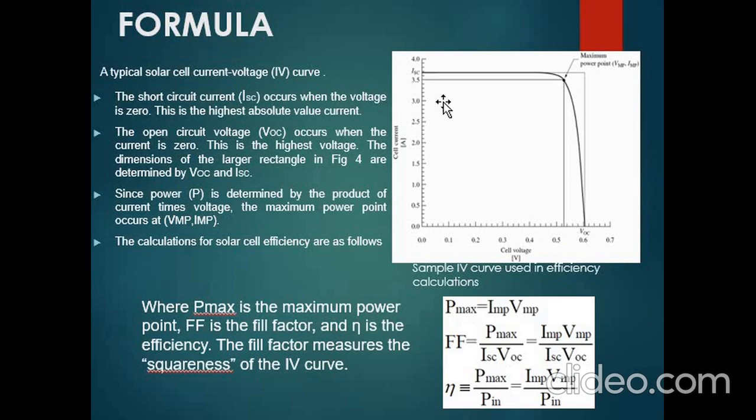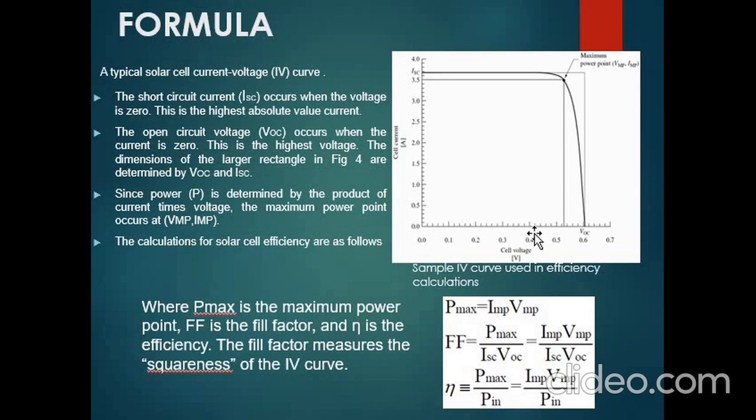So this is VOC and this is ISC, and the maximum power is VMP into IMP. So Pmax equals IMP into VMP, and fill factor is Pmax upon ISC VOC, and you can also write it in a different way, IMP into VMP divided by ISC into VOC. And eta is efficiency, which is Pmax upon Pin.